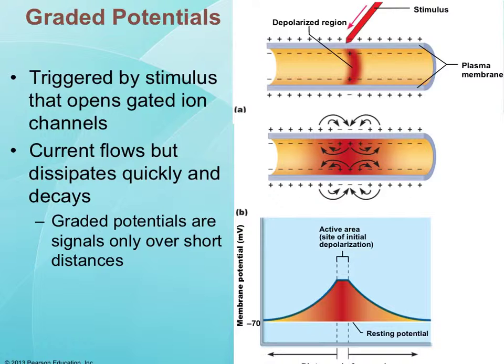Here we see the stimulus touches the axon or the plasma membrane of the neuron, and that is where the rock dropped. Then the graded potential will propagate to different locations away from the stimulus, just like you throw a rock into the water.